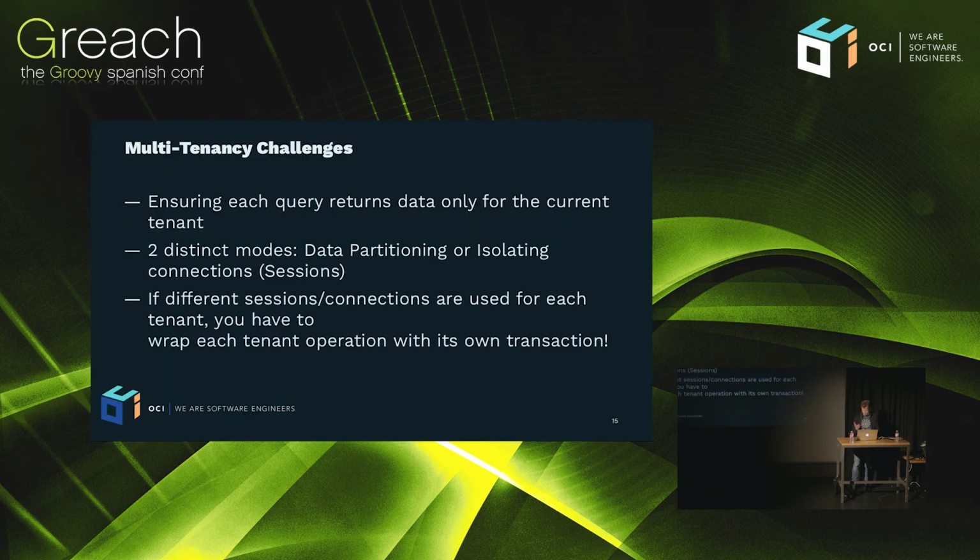There are two distinct modes of multi-tenancy that are common. One is data partitioning, which is essentially discriminator-based multi-tenancy in GORM. And then you have isolating connections, so that one tenant talks to one database or one schema, separately.